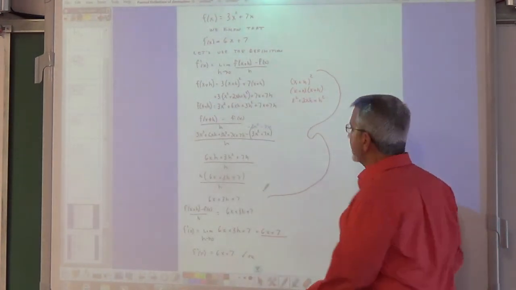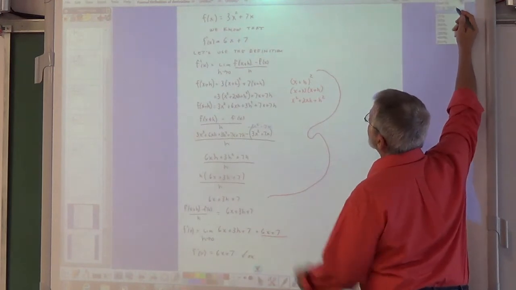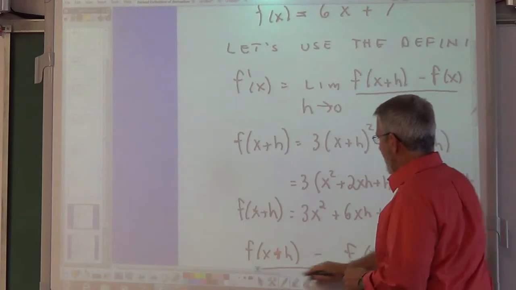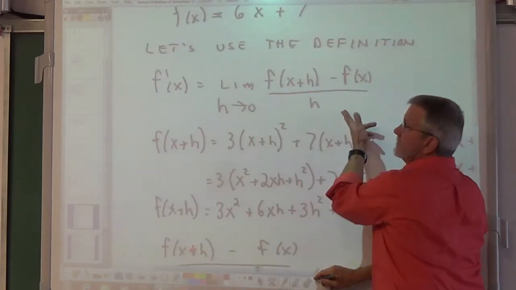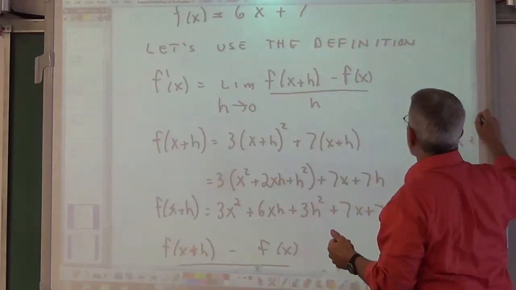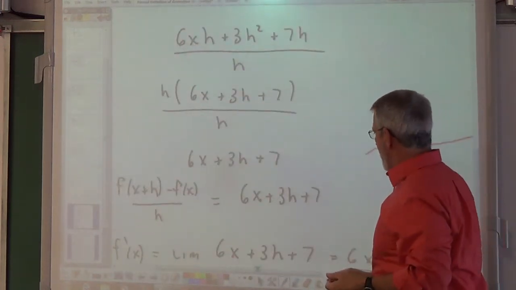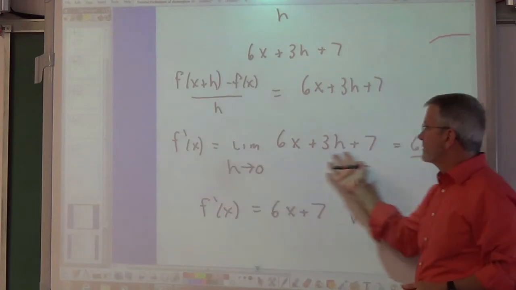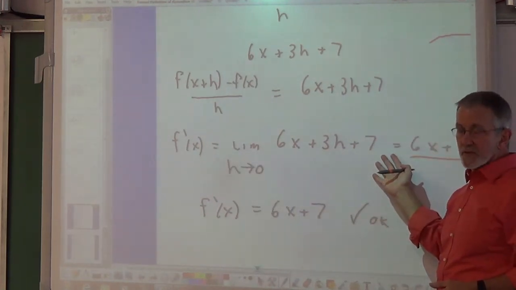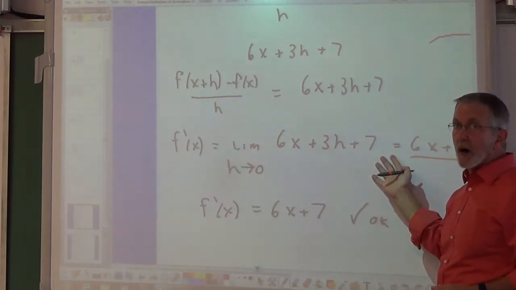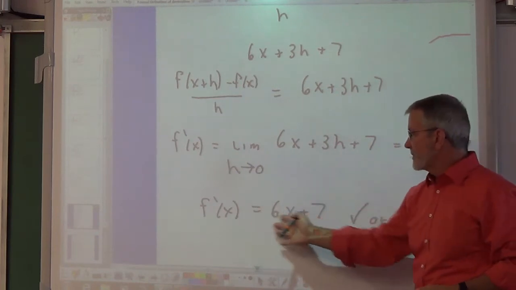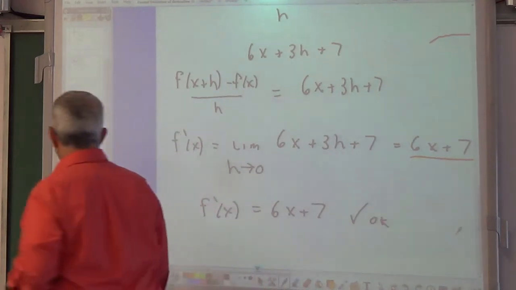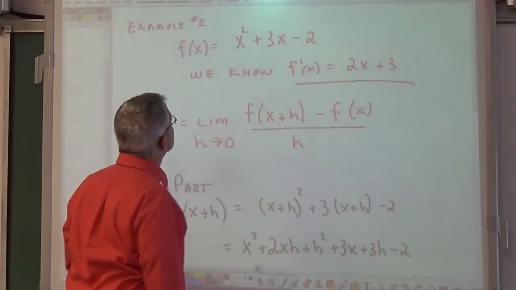The calculus is knowing the definition and then evaluating this simple limit. So the two calculus steps are very simple. F prime, 6x plus 7, just like we suspected. Just like we knew. Let's do one more example.